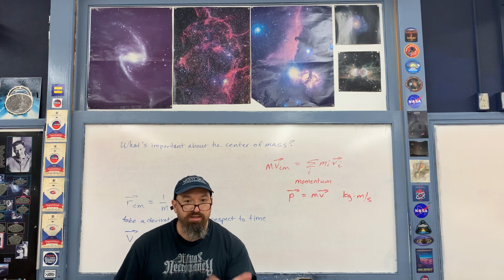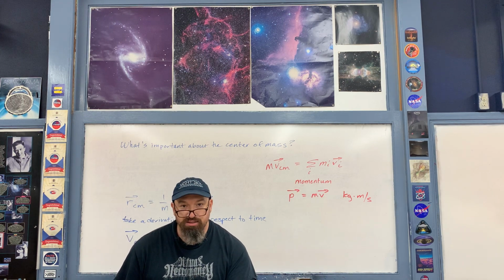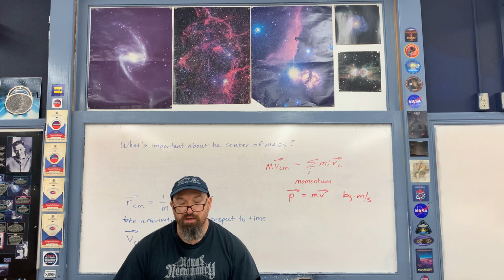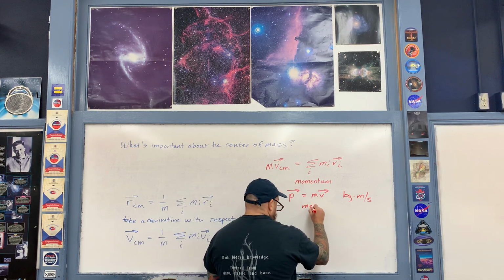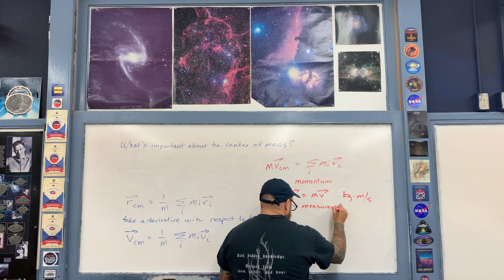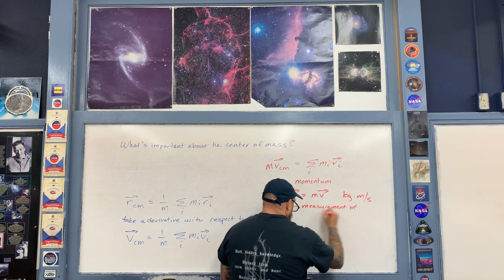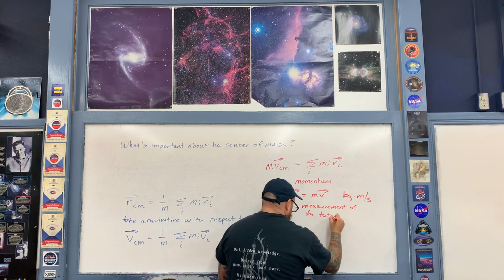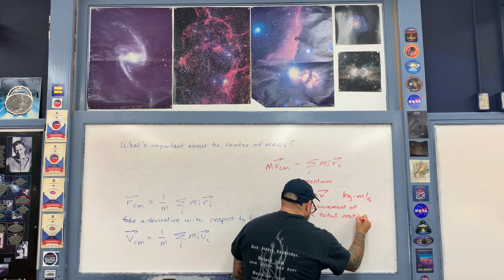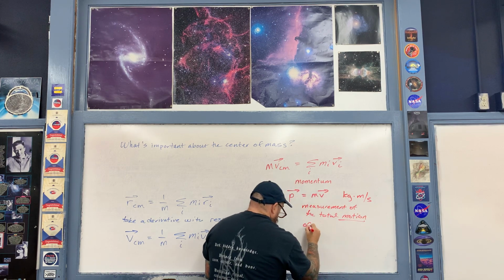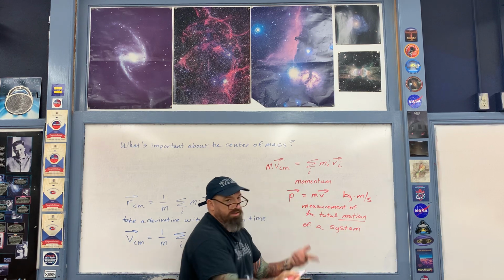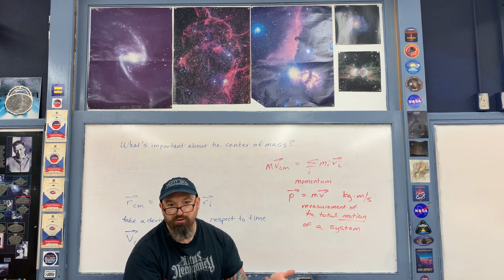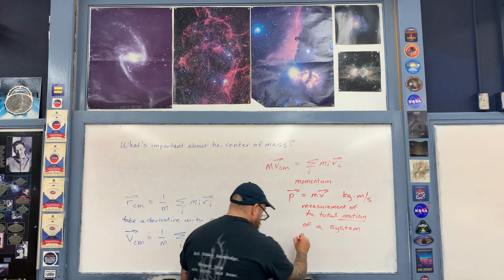So think of this quantity, mass times velocity, as a measurement, if you will, of the total motion of a system. The total quantity of motion, as Newton himself originally referred to it.